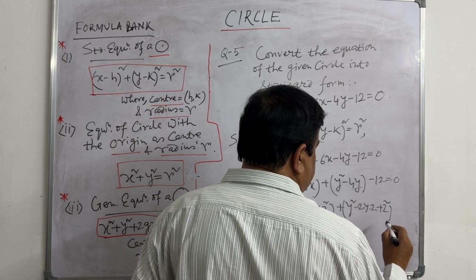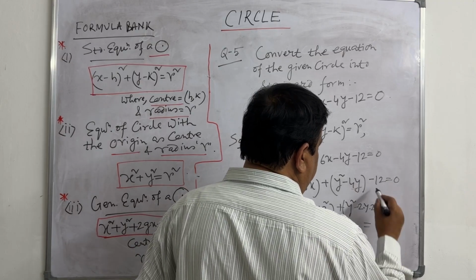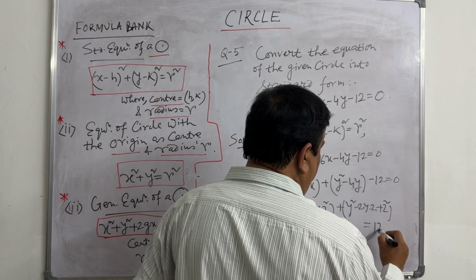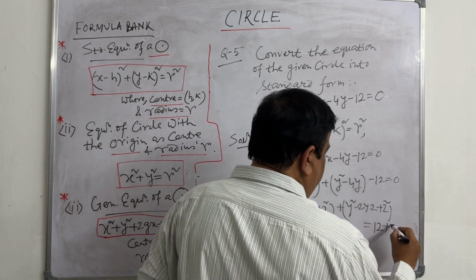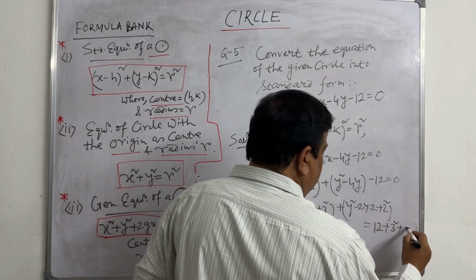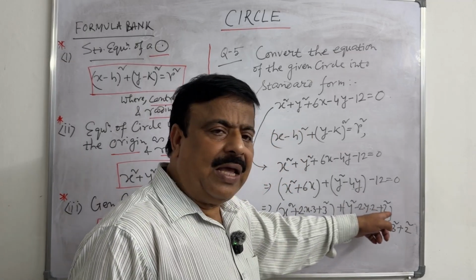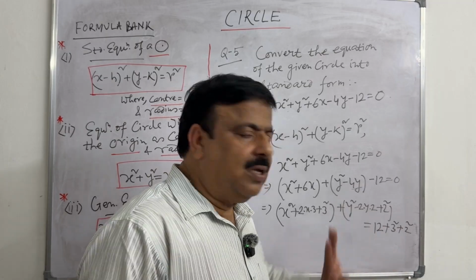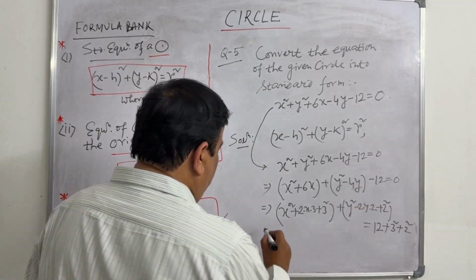So obviously on the right hand side, if you take this minus 12 to the right hand side, it will be 12 plus 3 square plus 2 square, because we have added 3 square and 2 square as extra, so we have to nullify them. Okay. So what is this?